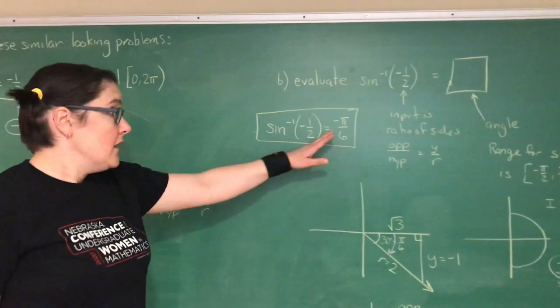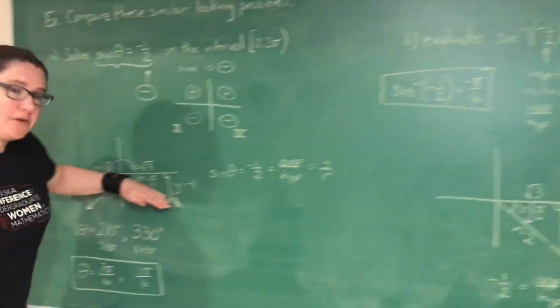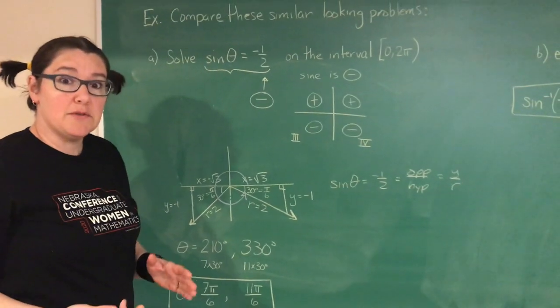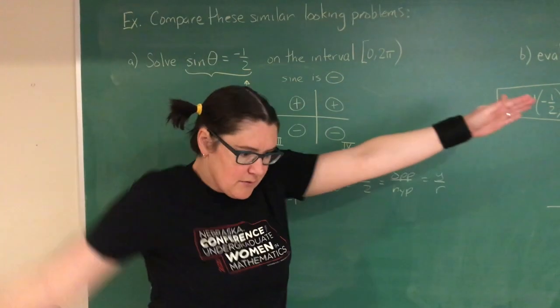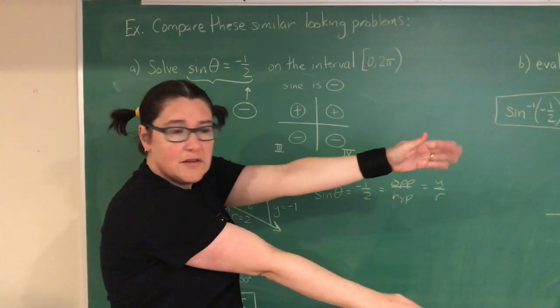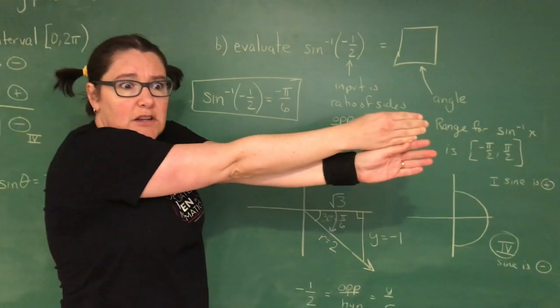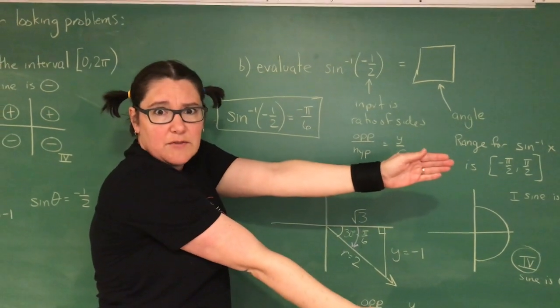Okay. So yes, we had the same terminal side as we had over in our first example, but the angle measurements that we actually come up with are different. Over here we had a measurement of 11 pi over 6. We measured in the counterclockwise direction, whereas with arc sine, we measure in the clockwise direction, so we drop down clockwise pi over 6 radians.